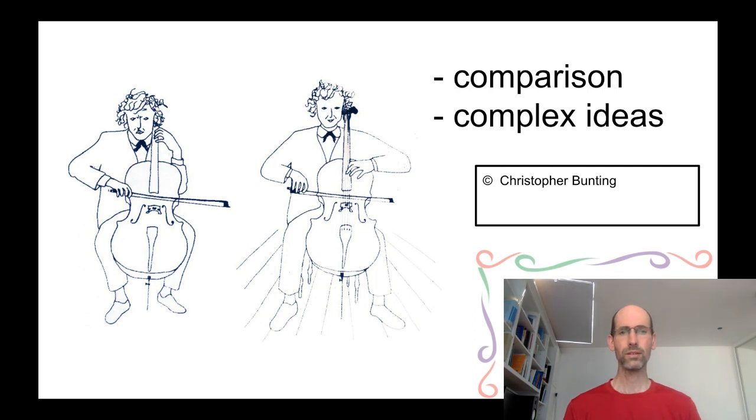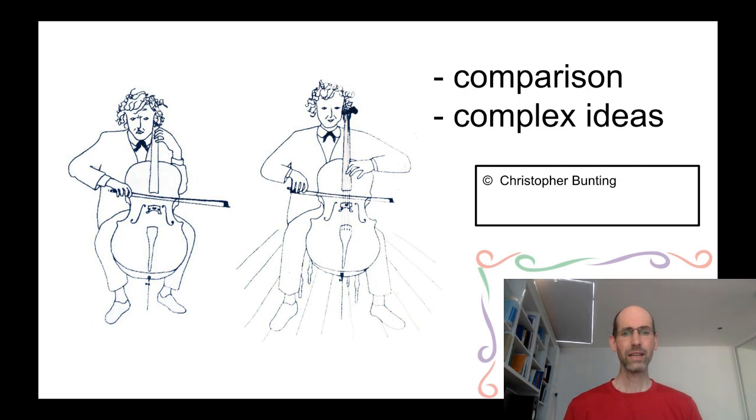Students of all ages can engage in this kind of spot the difference. There are some quite deep, complex ideas also being expressed, I would say, as well. So have a look at the fingerboard. There don't appear to be any strings on the cello that the left-hand cellist is playing.